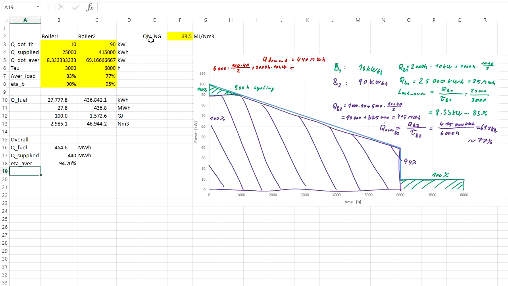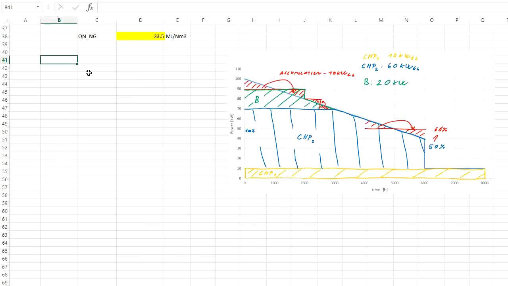And now let's go for the case with the CHP systems. So here we have the CHP1, CHP2 and the boiler. The accumulation we will assume for simplicity that it has no losses, so it does not produce anything nor lose anything.